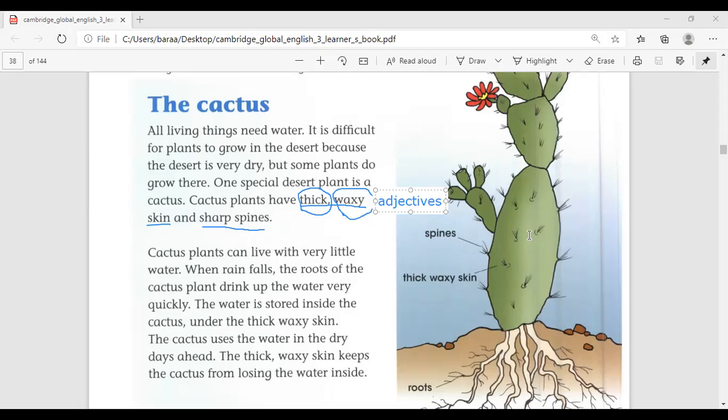And sharp spines. Look here. Spine is a noun. Do you remember the parts of speech? What are they? Nouns, verbs, adjectives, adverbs, and so on. So spine is a noun. Let's underline it.